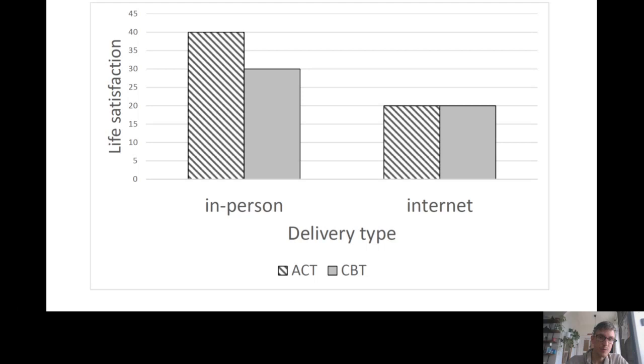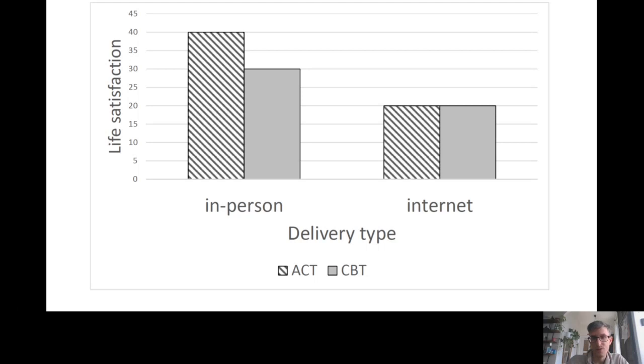So that way you could say that in-person delivery is better than internet-based delivery. And you could say that ACT is better at treating this condition or improving the quality of life or enjoyment of life than CBT on average.